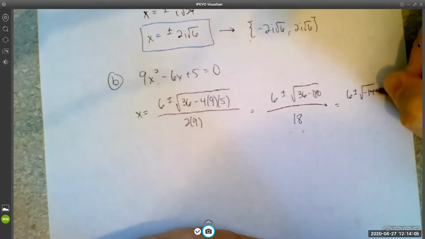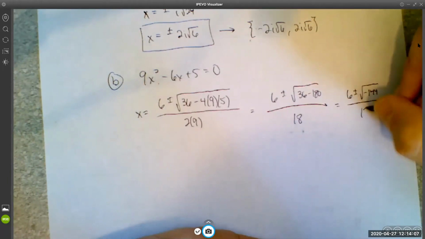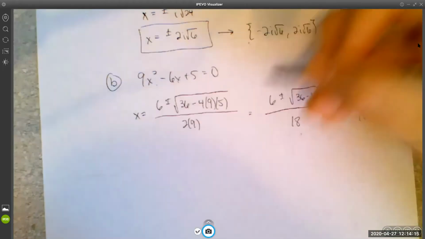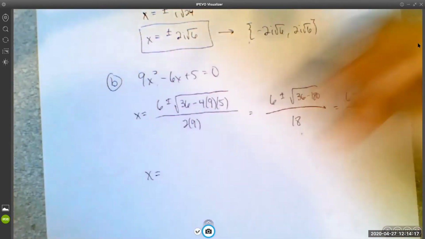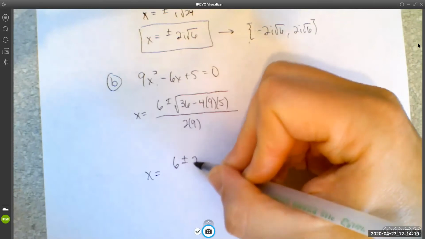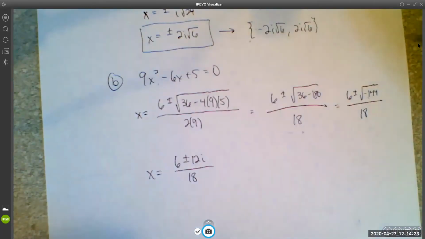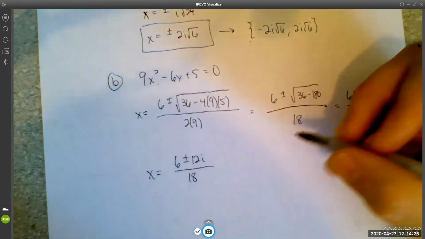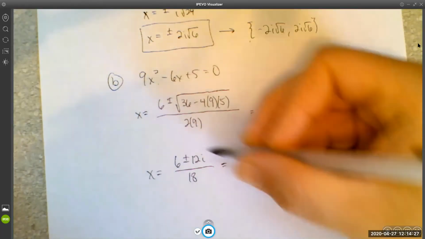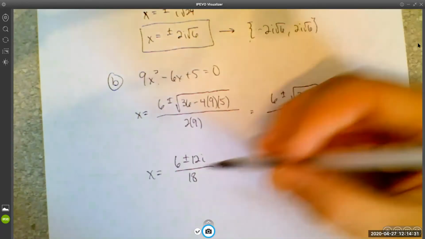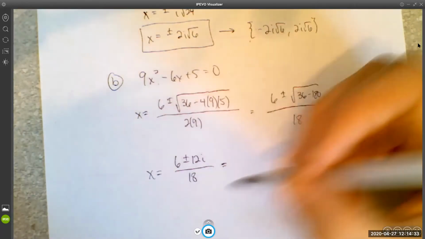Oh man, that's beautiful, isn't it? They rigged this for us to be super nice. Square root of negative 144 should be 12i, right? So we're almost there. Rewriting this as two complex numbers, really, this represents two different complex numbers, 6 plus 12i over 18 and 6 minus 12i over 18.